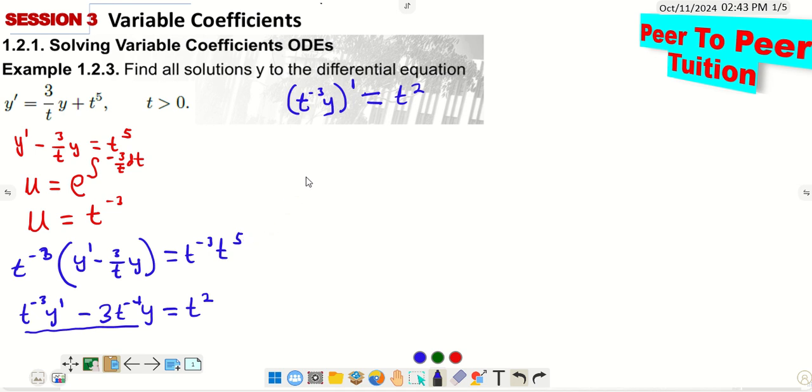Now the next thing we have to do is to integrate. Take the integral of both sides. When you take the integral of both sides, the integral will cancel the derivative here. So I have t negative 3 y should be equal to, if I integrate this one, t cubed over 3 plus a constant of integration.